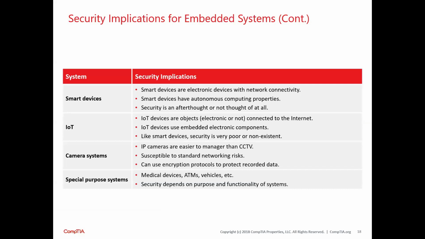Then IoT, the Internet of Things, devices that are objects with electronics connected to the internet, like your smart devices with very poor or non-existent security. Then we have camera systems, your CCTV, which have their own standard operating system, and also special purpose systems like ATMs, medical devices, and vehicles.